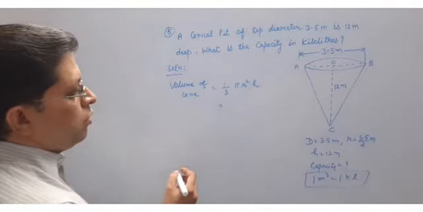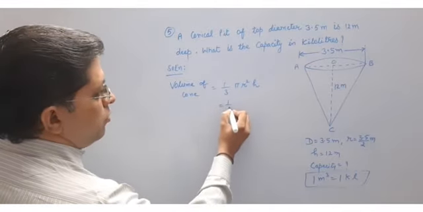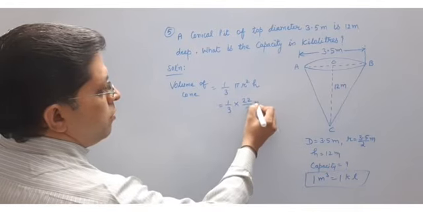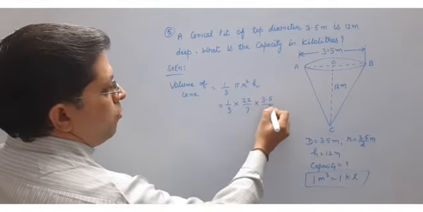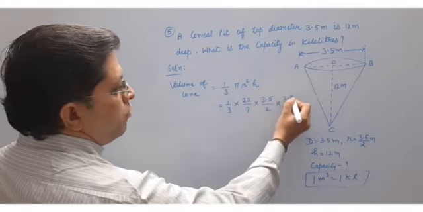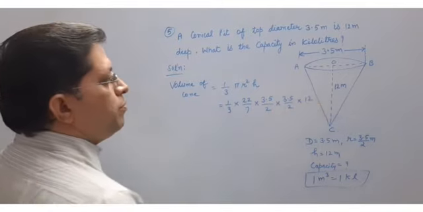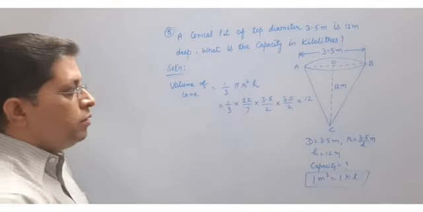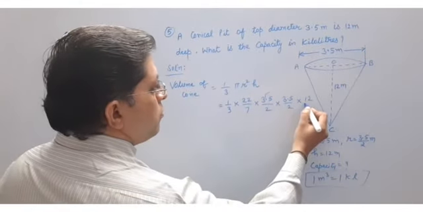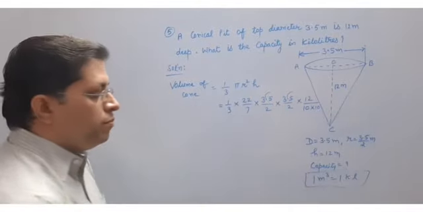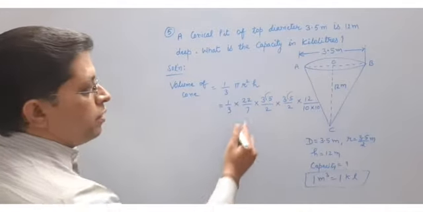That is 1 upon 3, pi is 22 upon 7, r is 3.5 upon 2, 3.5 upon 2, and h is 12. Then you can remove this; 2 times 2, the 10 into 10 will come. Okay, let us cut.